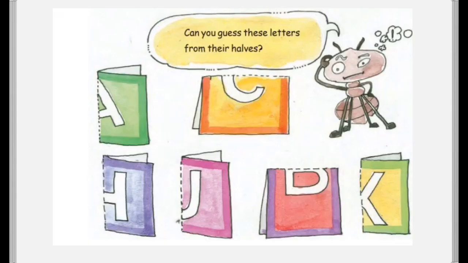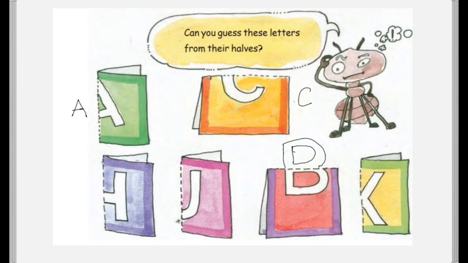Now moving ahead, can you guess these letters from their halves? So if we see, this seems to be A, this seems to be C, then a B. If you complete it like this, you'll get a B over here, right?